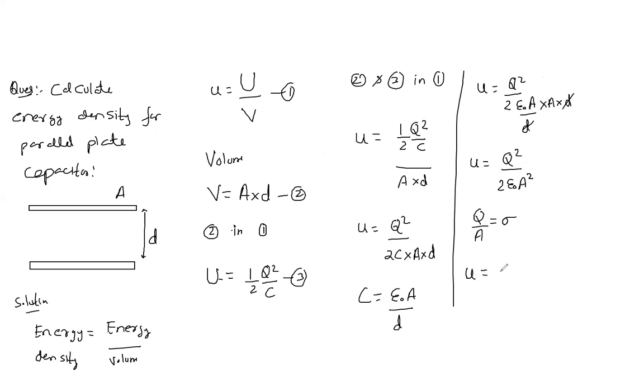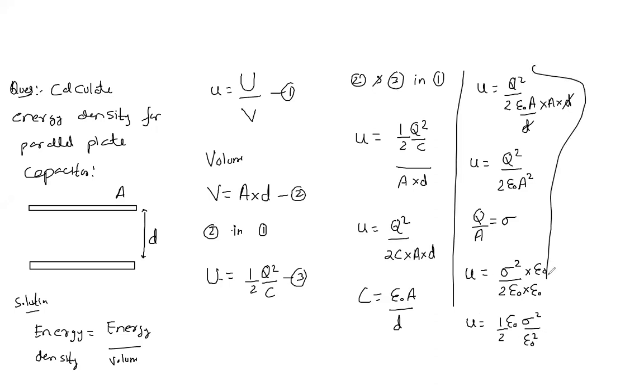So your u is sigma square by 2 epsilon naught. If I multiply epsilon naught in numerator and denominator, this comes out to be half epsilon naught sigma square by epsilon naught square.